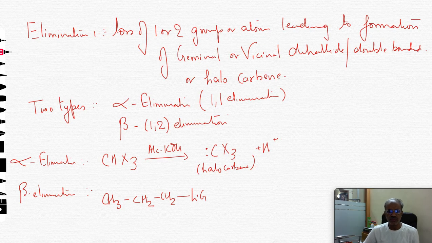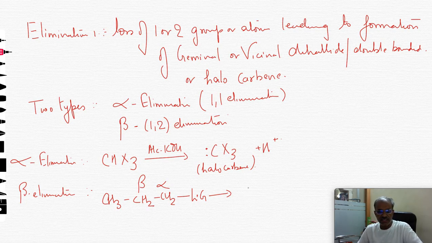So this is the alpha carbon atom, this is the beta carbon atom. That means this alkyl group is attached to a leaving group and contains both alpha and beta carbon atoms. So removal of this beta hydrogen atom, not alpha, alpha is in the previous case, is a beta elimination reaction.